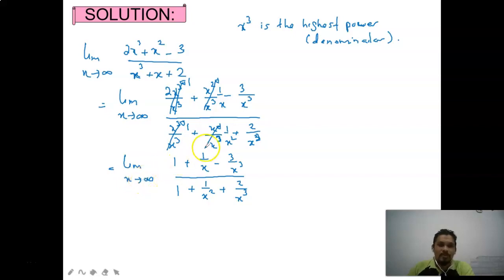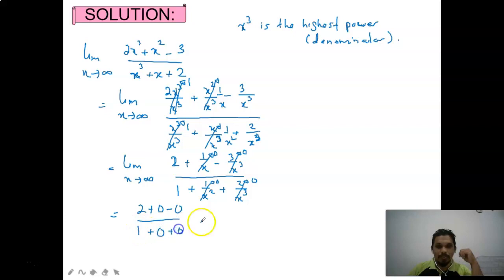So 1 over a big value is approaching 0, also approaching 0, approaching 0 and approaching 0. So this is 2, 2 and 2. So we write down 2 plus 0 minus 0 divided by 1 plus 0 plus 0, equal to 2.